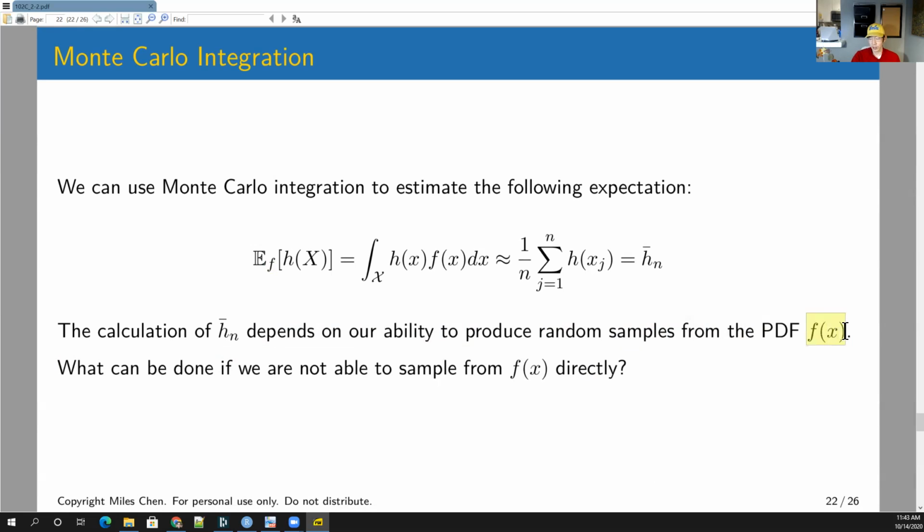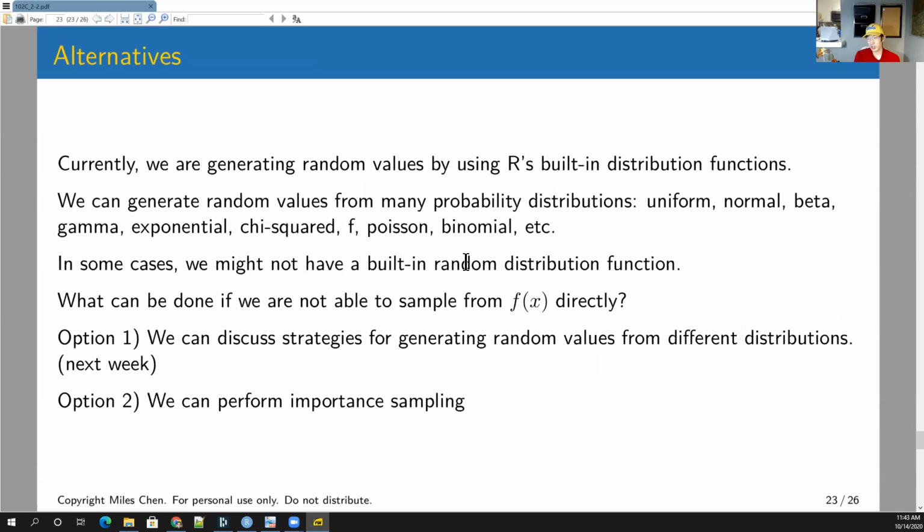And so what do we do if we can't sample from f of x directly, right? So far, all of our functions have been basically probability distributions that were already built into R, right?